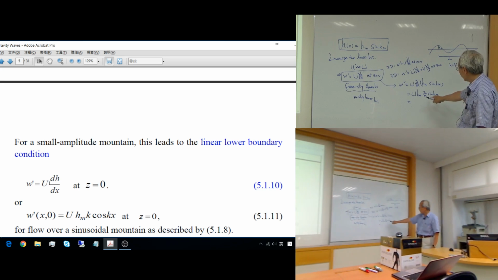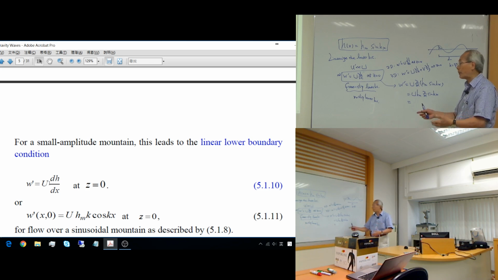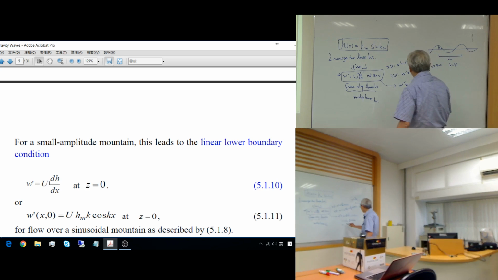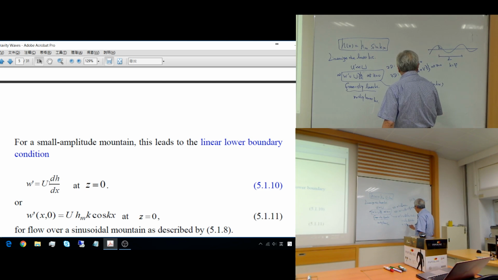The differentiation of sine kx will be equal to cosine kx multiplied by k, right? So then we have U h_m times k and then cosine kx. Okay, so this is our lower boundary condition now.